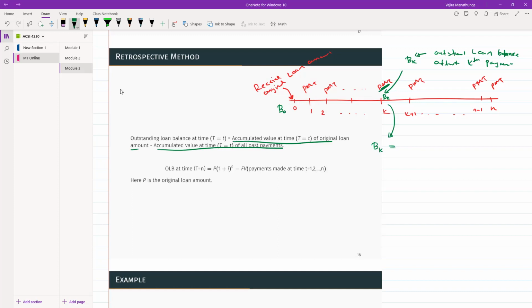What's the accumulated value of b0? It's going to be b0, and it needs to grow all the way up to k. So it's 1 plus i to the k. This is the accumulated value of the original loan.